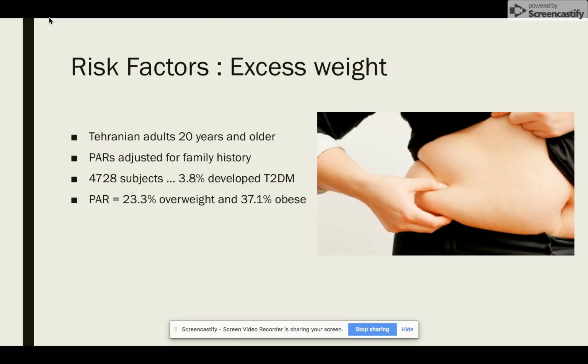Out of these 4,728 subjects, 3.8 of them developed type 2 diabetes. The population attributable rate is 23% overweight and 37.1% obese, a very large amount coming from just the simple factor of being overweight and obese.